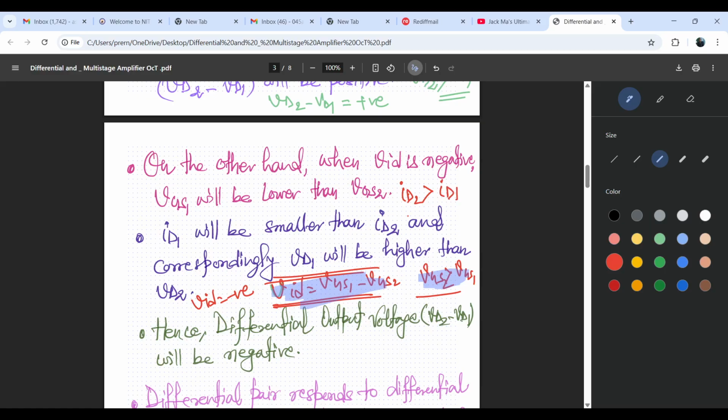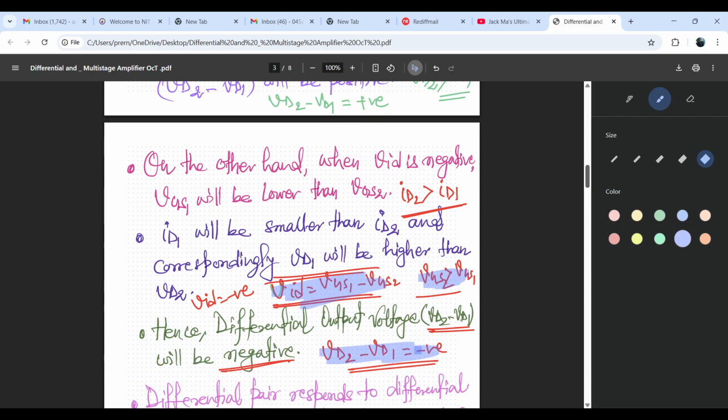ID2 is greater than ID1 when we are considering the negative VID. So if ID2 is higher, VD2 will be smaller than VD1. Hence the differential voltage VD2 minus VD1 will be negative here. Very simple. You can also follow the Microelectronic Circuits book for more detail. So this part is clear.